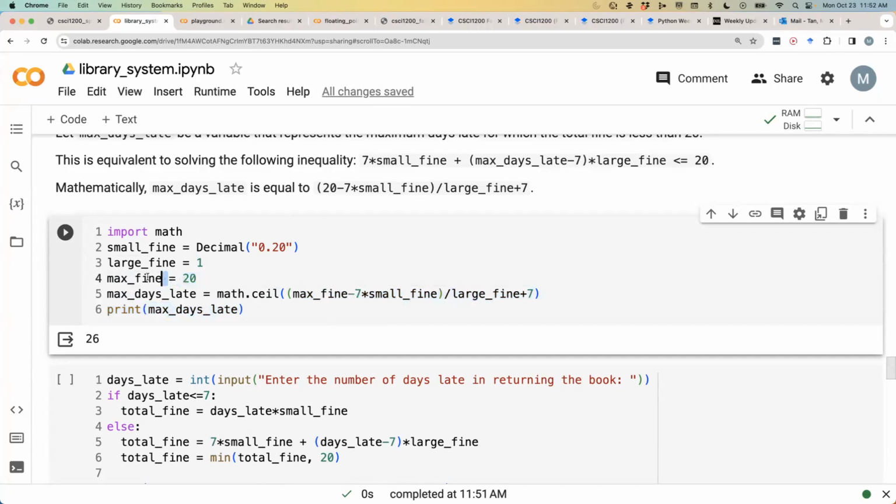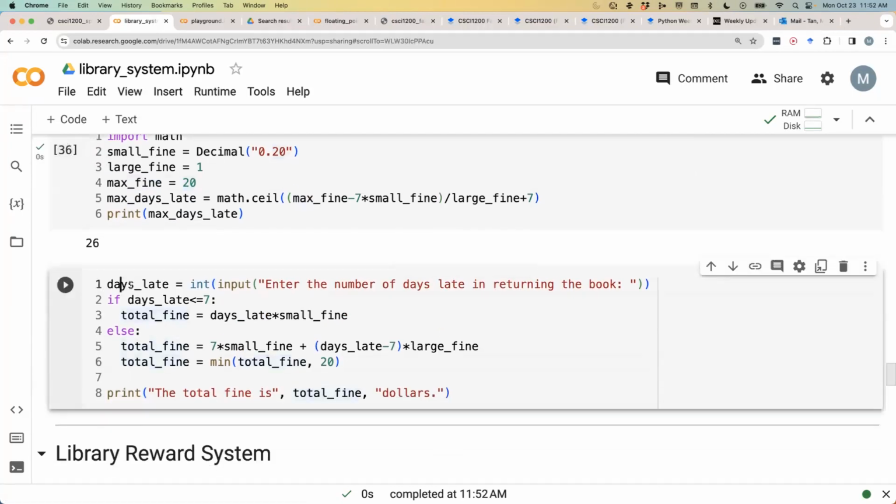So it's important that you don't write absolute values most of the time, and instead write them as variables. In the future, if you want to change it, you just change it in one place. Now I have all these values. These are given at this moment. They might change in the future, but I'm going to pre-compute the maximum days late, which is 26.